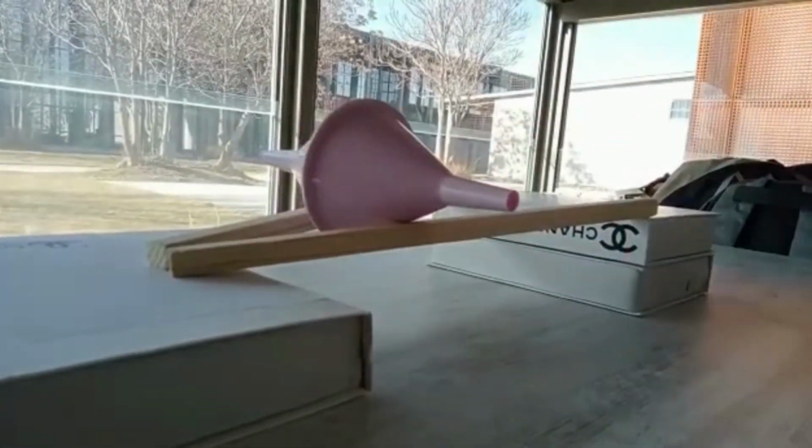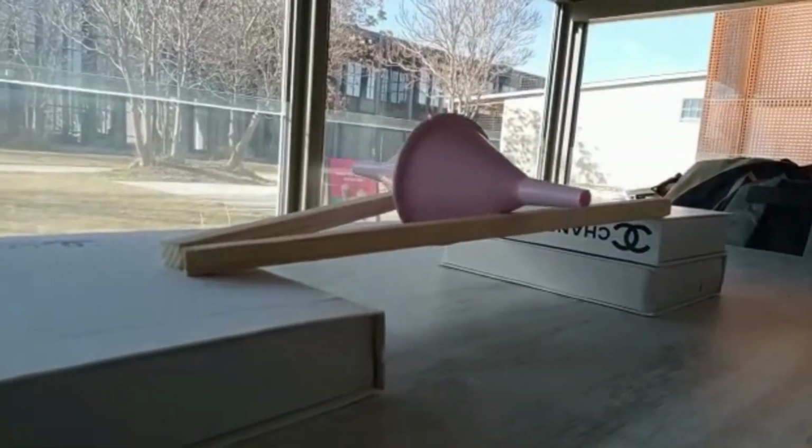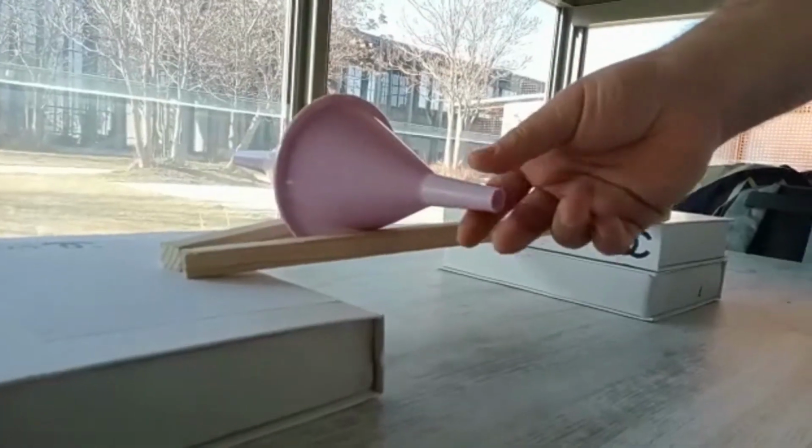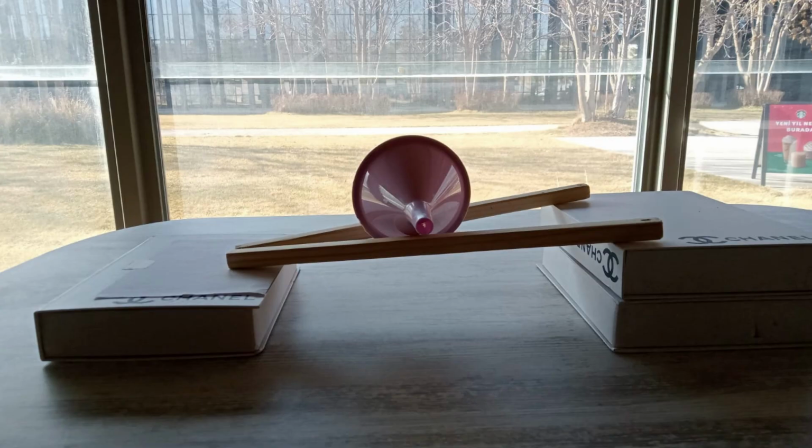It is known that objects move in the direction of their center of mass, and this is an element that changes according to the shape of our object, and a body in the presence of the gravitational force moves towards a minimum of the gravitational potential energy. Although the cone we used in the experiment seems to move against gravity, it moves in the direction of its center of mass.